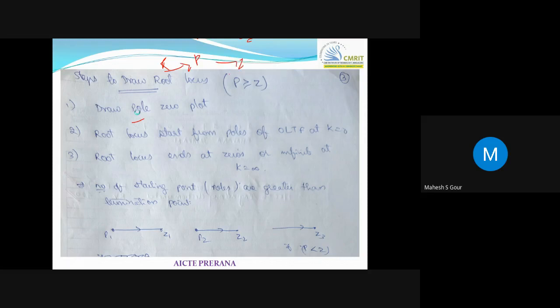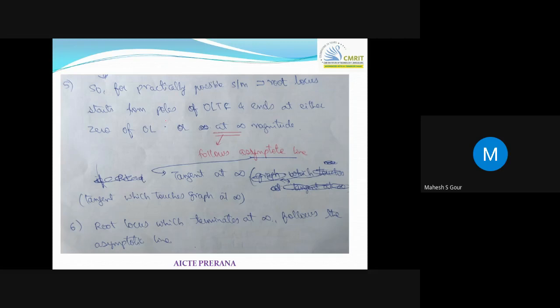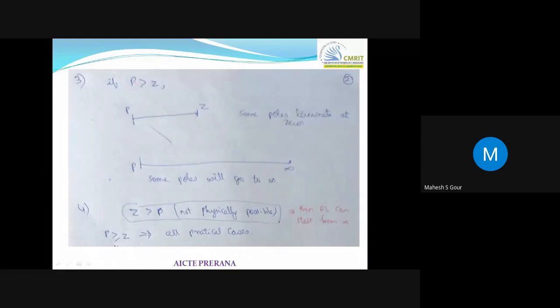Now, how should the poles and zeros be, the number of poles and the number of zeros? As previously concluded, the root locus starts from poles and terminates at zeros, right? Suppose there are 2 poles and 1 zero, so what will happen?